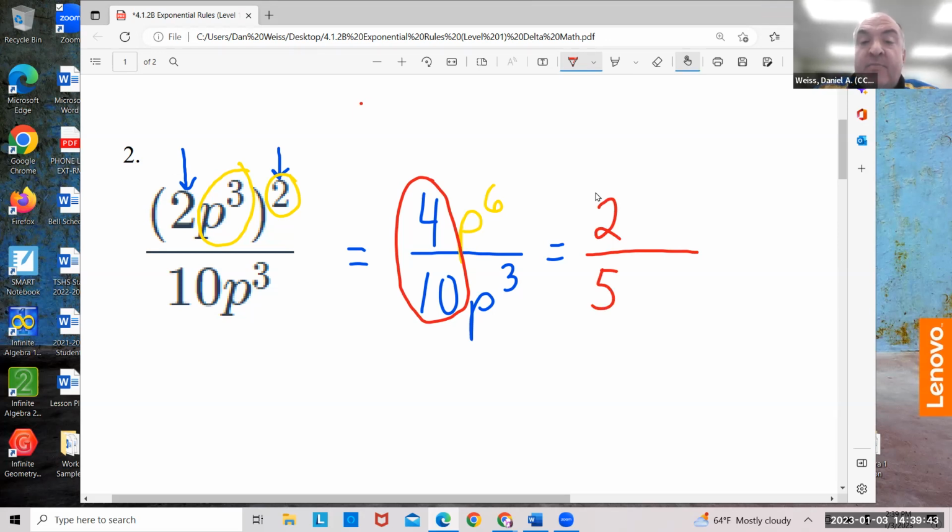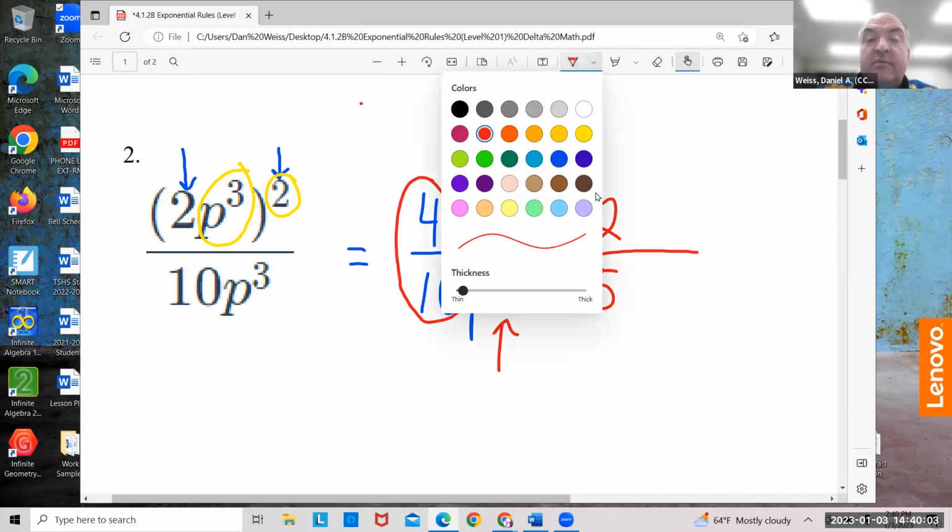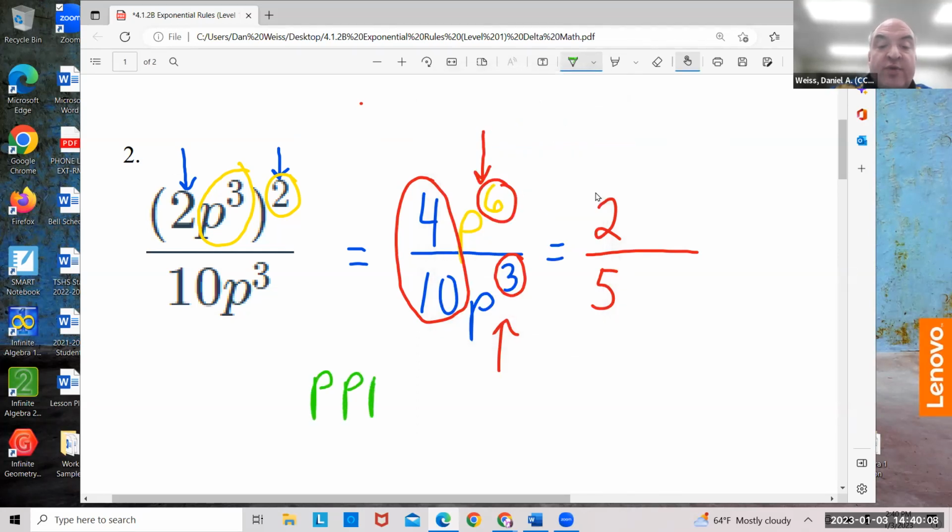And then p to the sixth over p to the third, I'm just going to take 6 minus 3, which is 3. And just to make it extra clear, p to the sixth is 1, 2, 3, 4, 5, 6 p's on top, and p to the third is 1, 2, 3 p's on the bottom.